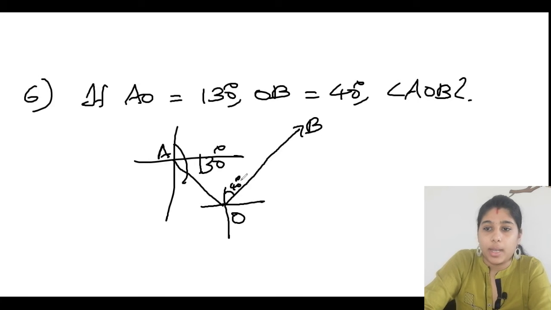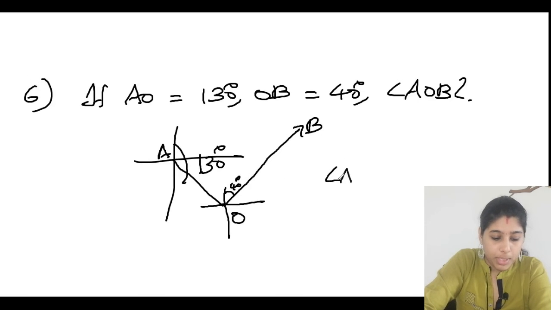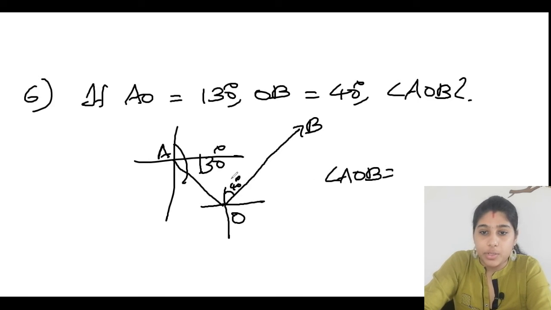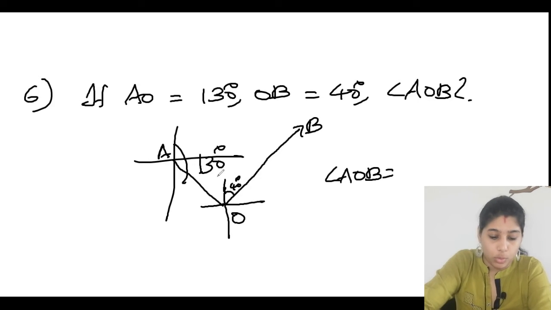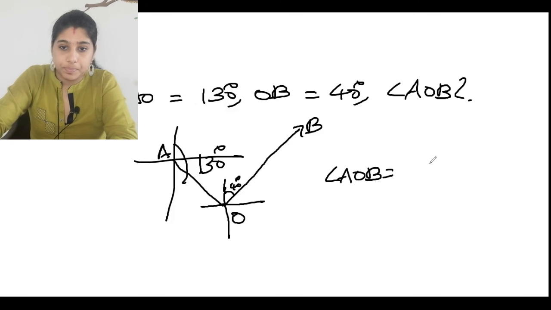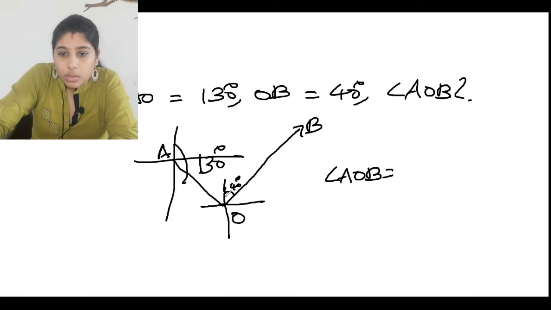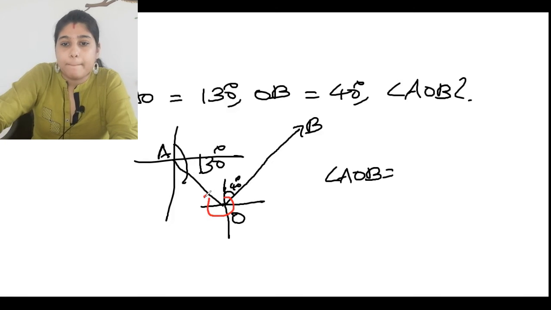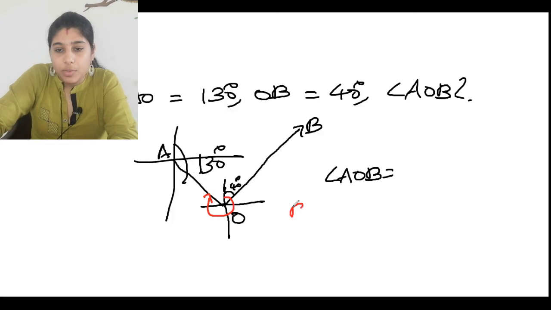You have to measure angle AOB. We have already studied that when the two are at different points, we have to add or subtract. The back bearing will be what?